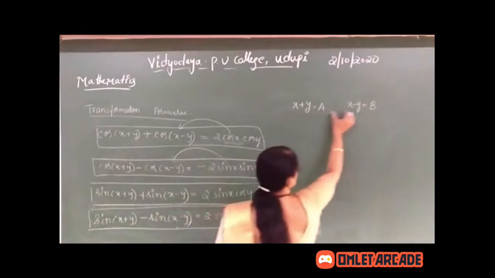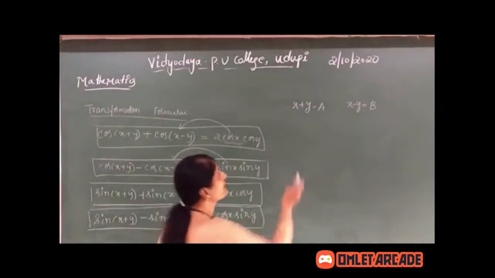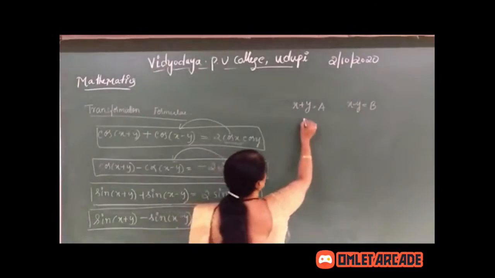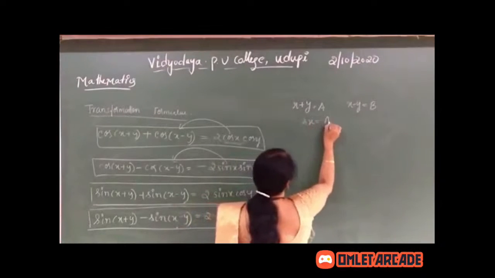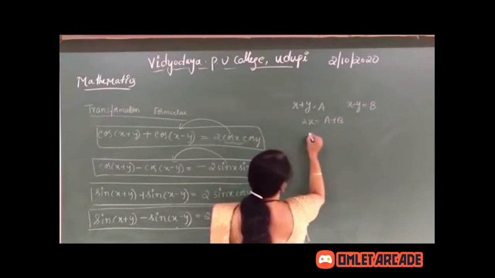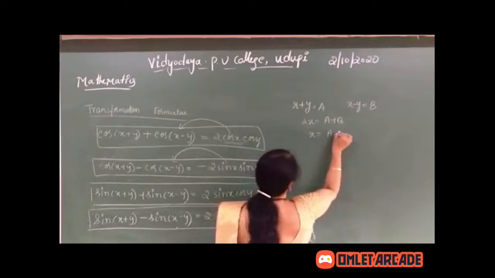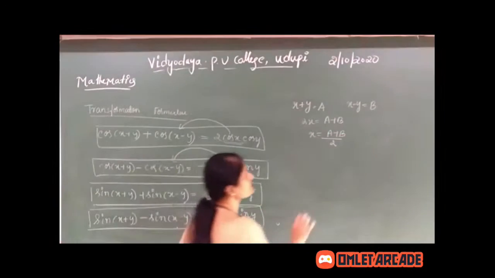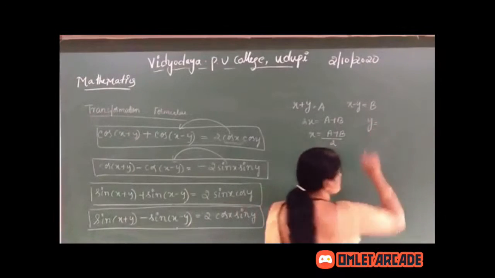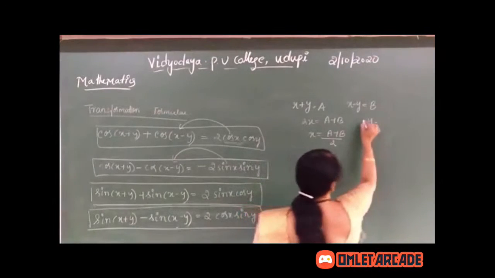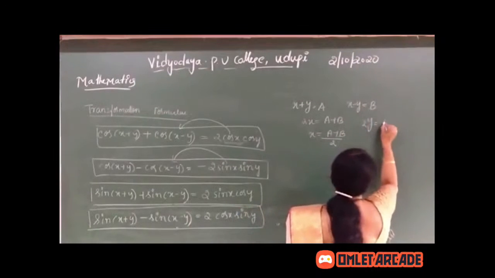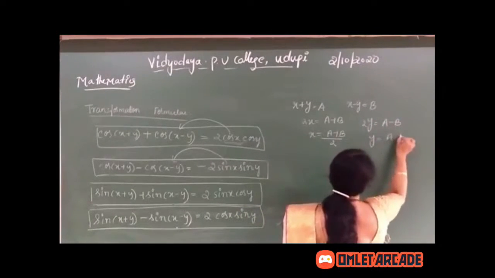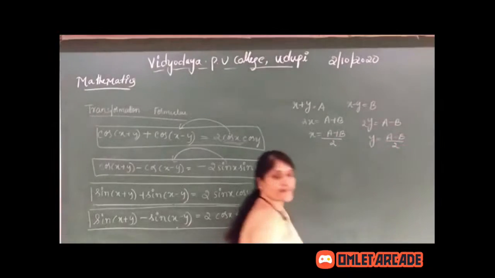When I add these two, x plus y plus x minus y, y cancels, I get 2x equal to a plus b, isn't it? So x is a plus b divided by 2. Similarly, if I subtract this, I get 2y is equal to a minus b. So y is equal to a minus b by 2.